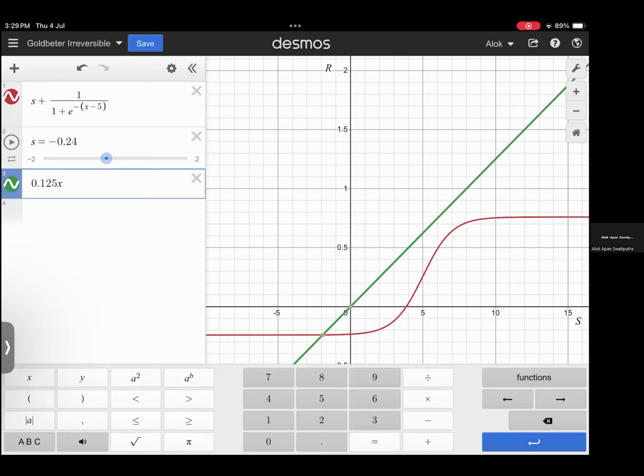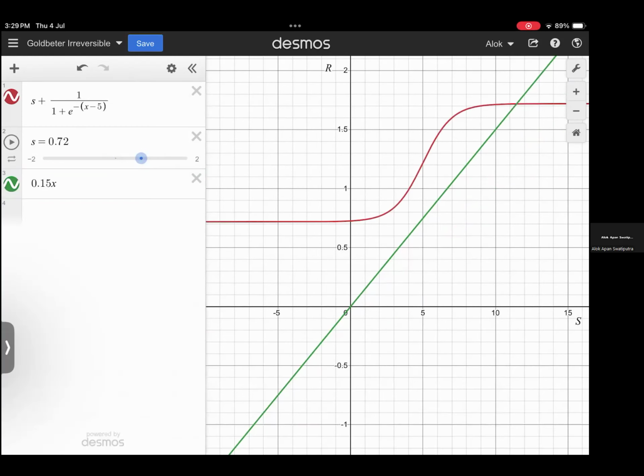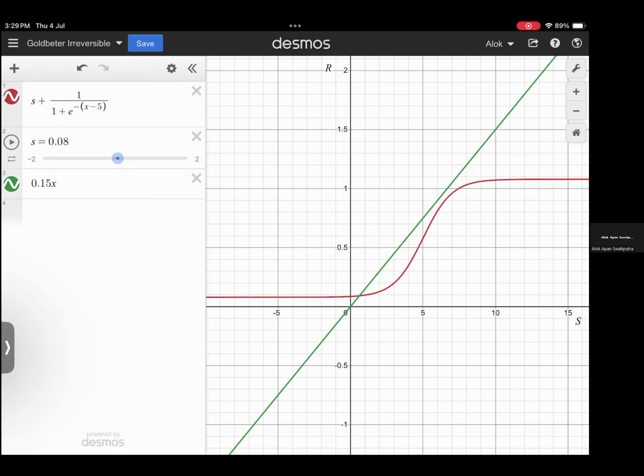If instead of 0.125, I put it as 0.15, you see there is a high steady state. If I decrease, there are three steady states. If I decrease further, at some positive value you have only the lower steady state.